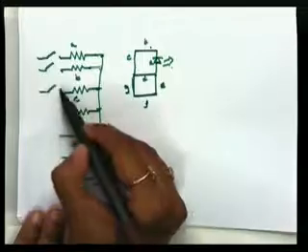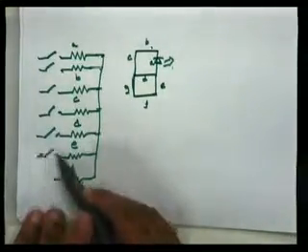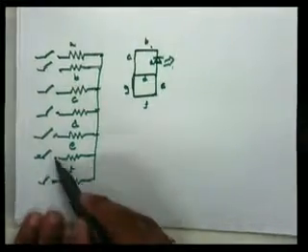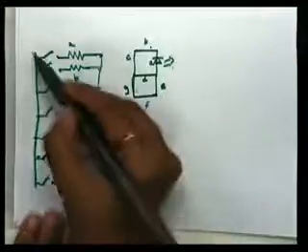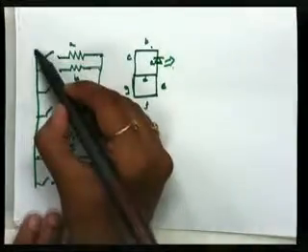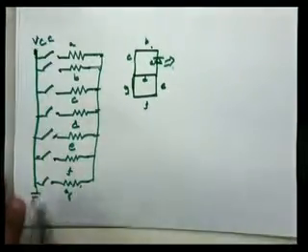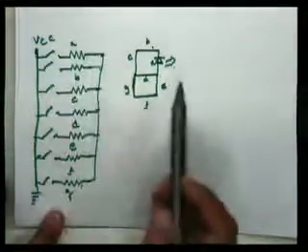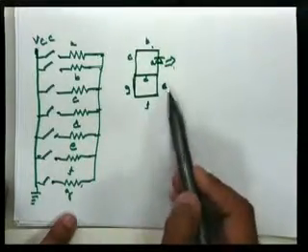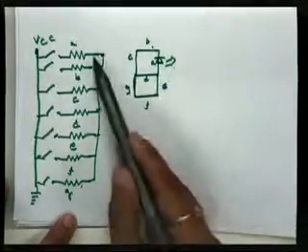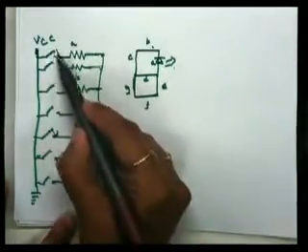Each of these keys is connected with VCC, a common power supply, which is grounded at the end. Now if I want to display 1 here on the LED, then A and E should be switched on. So I will just switch on this key and this key.